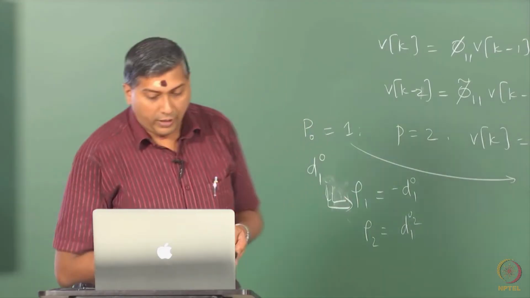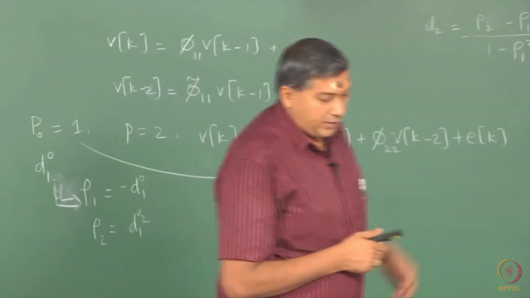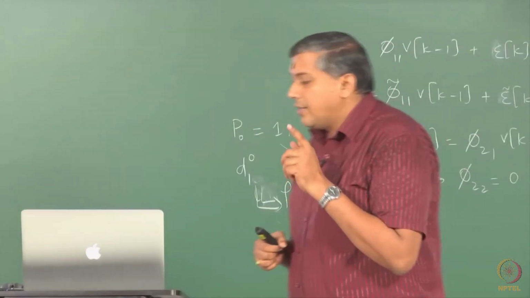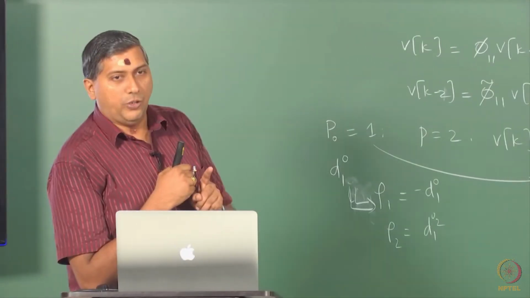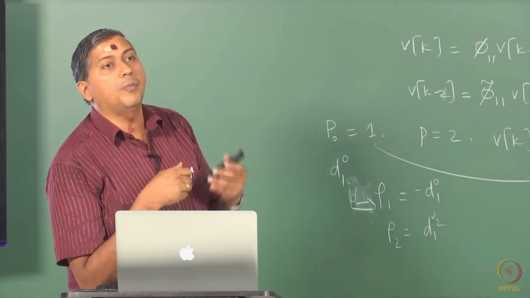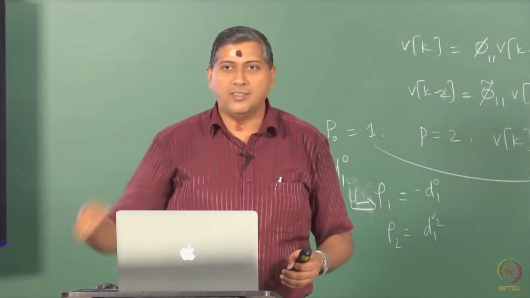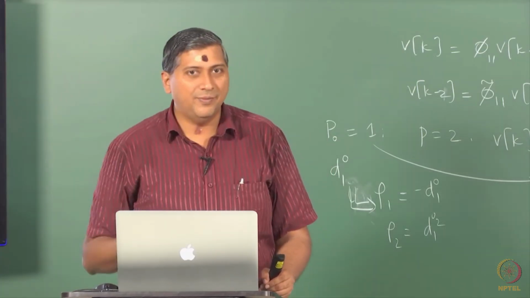Of course, as I said, you can actually estimate AR models of any order using Yule-Walker equations, but there is an additional benefit of this approach of fitting AR models of successive order, which is that you can come up with a recursive way of estimating the autoregressive models of increasing orders. You do not have to solve the Yule-Walker equations all over again.